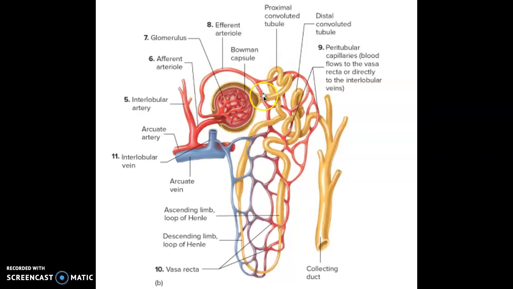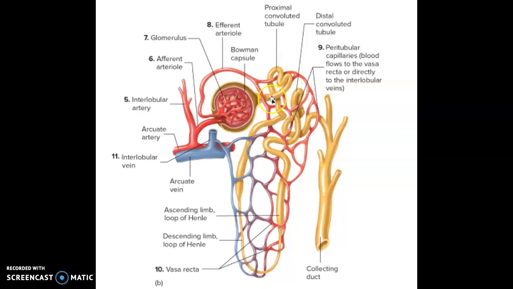We have sequentially the proximal convoluted tubule. Then we have this loop, the nephron loop, which is the loop of Henle, the descending limb and the ascending limb. Then we have the distal convoluted tubule, and they're going to be draining the urine into the collecting duct.